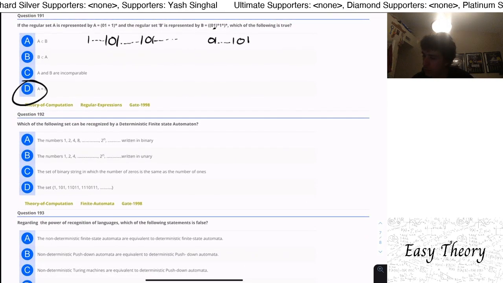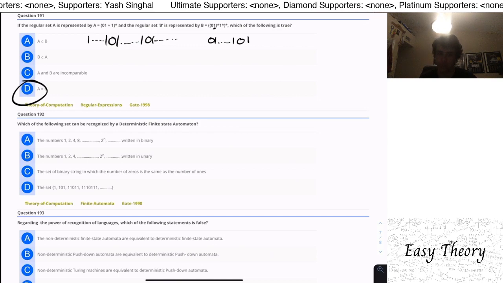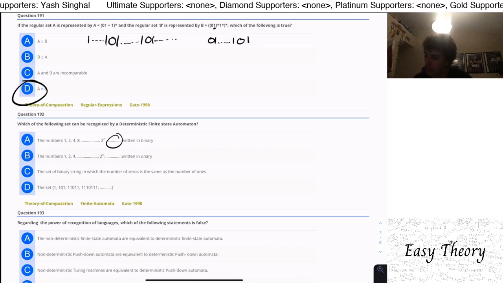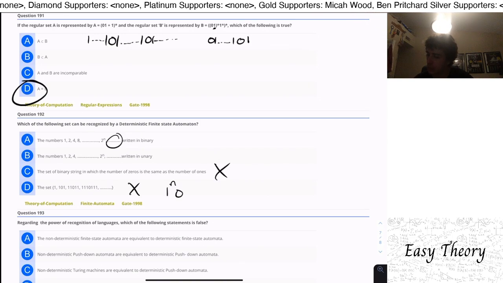Which of the following sets can be recognized by a DFA? I'm not sure what these ellipses mean. Number of zeros equals number of ones, that's not possible. The set, no, because this is like 1 to the n, 0, 1 to the n.